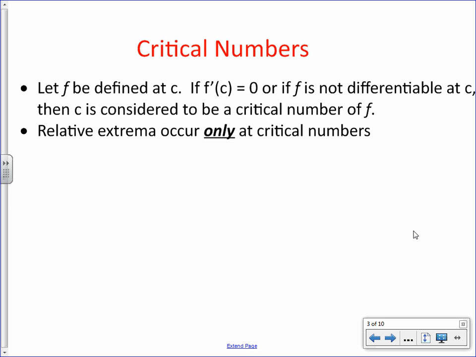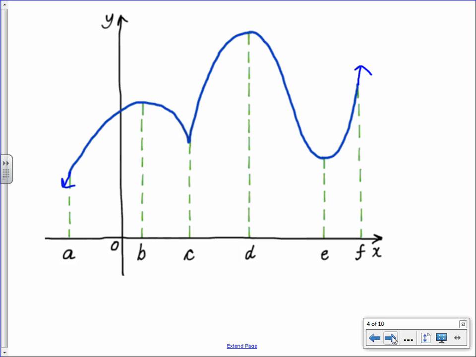Okay. Now, I want us to just practice looking at a graph and picking out relative minimums and maximums. So we're going to look at this graph right here. Relative minimums and maximums occur basically when we switch directions. We can also think of these critical points where we have derivatives of 0 and undefined.